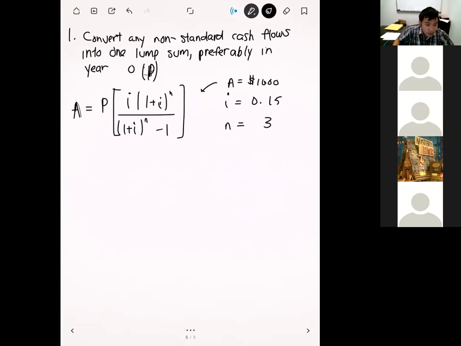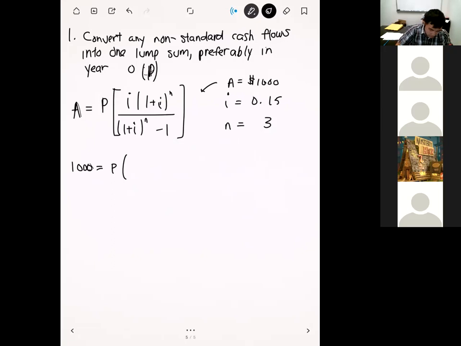I actually did something different in the notes, which is interesting. Let's plug in all the values. We have 1,000 equals P times, let me switch to a calculator.